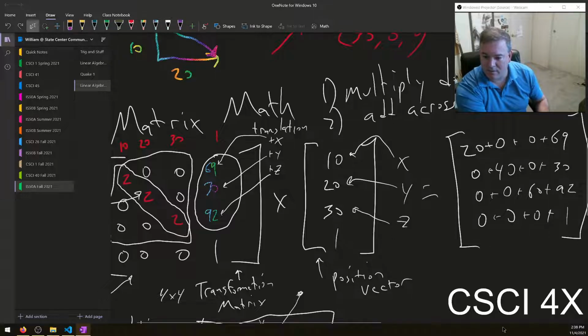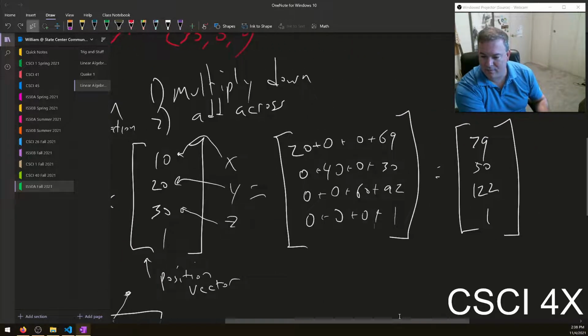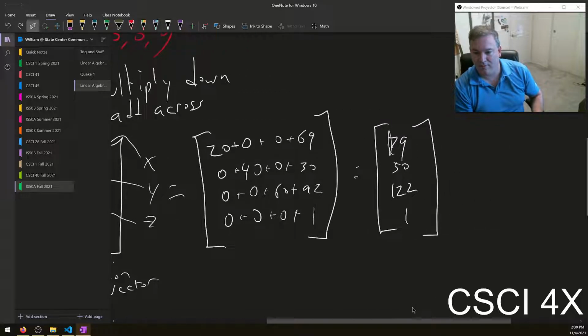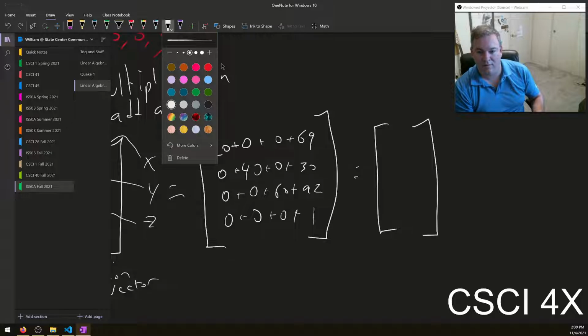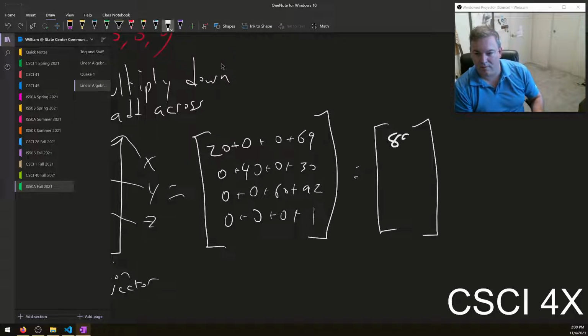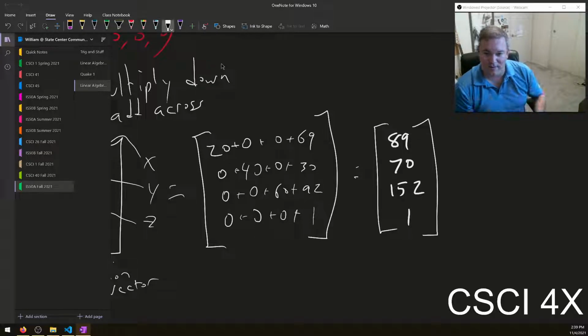Yep, that's exactly right. Made it a little bigger, it should be easier to read. So you see how that happened? It doubled the x, y, and z values, and then it added the translation component. Pretty straightforward, I think.